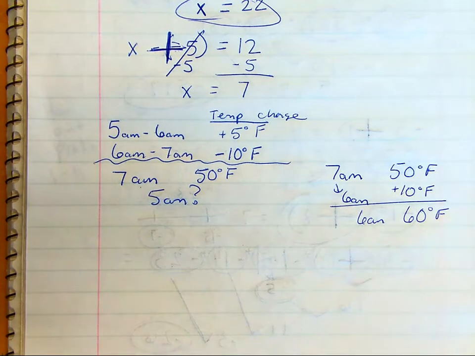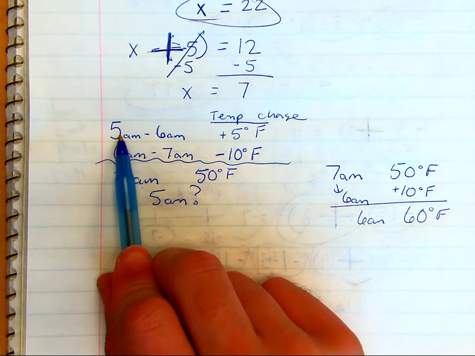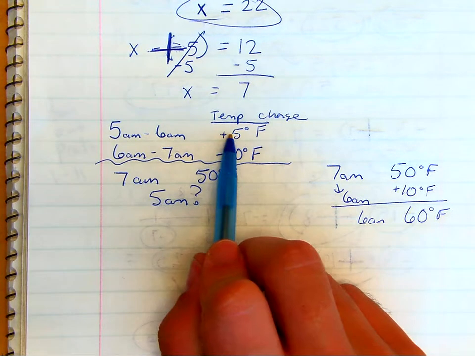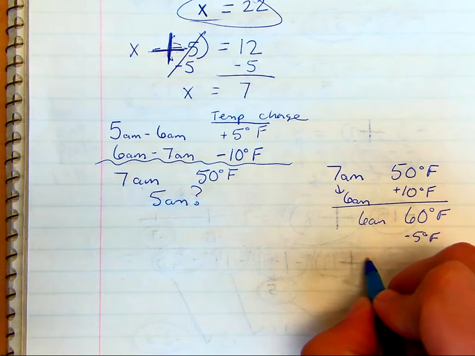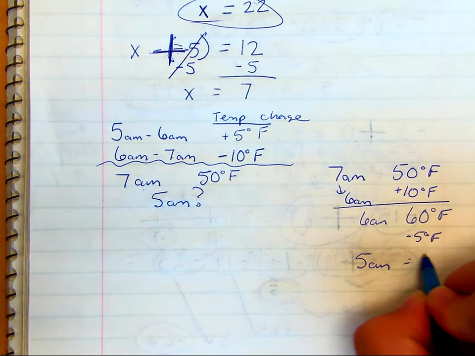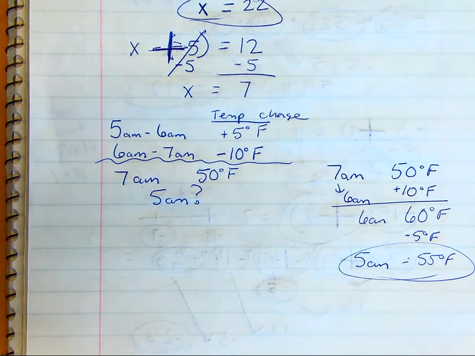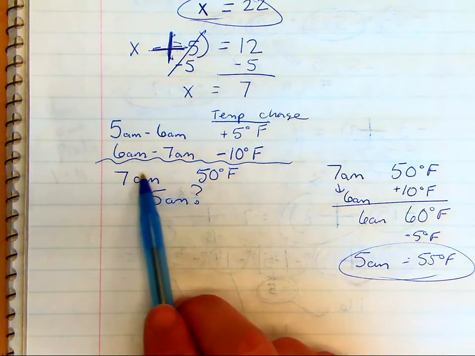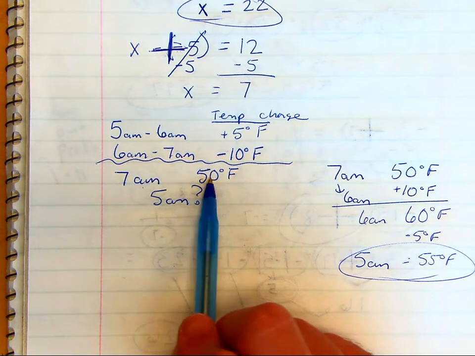And then from 6 to 5, it would have gone down 5 degrees. So at 5 a.m., the temperature is 55 degrees Fahrenheit. So if I'm finding the change in the temperature and they give me an end time and I need to go back to the beginning, you work backwards and do the opposite.